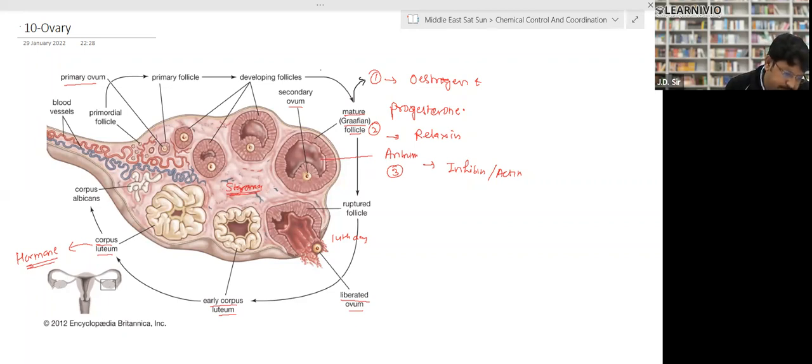Next, progesterone. Progesterone is released from the corpus luteum.